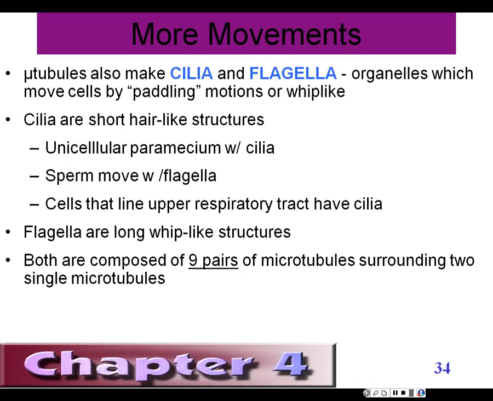And when the doublets are passing each other, this is what gives that whip-like motion that we see versus that spinning that we saw. Correct, a 9+2. So know the difference. Centrioles have a 9 plus 0, and then the cilia and the flagella have a 9 plus 2 arrangement of microtubules.